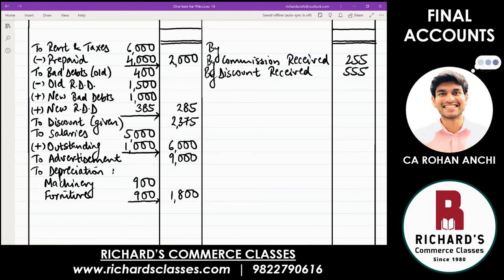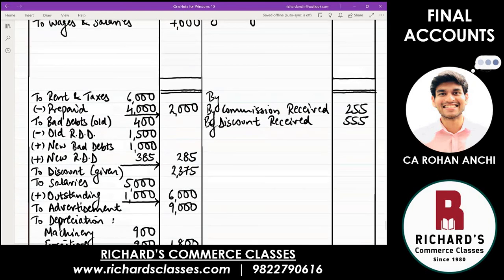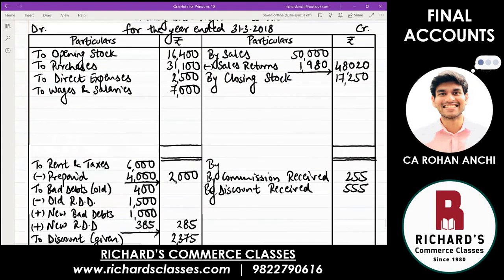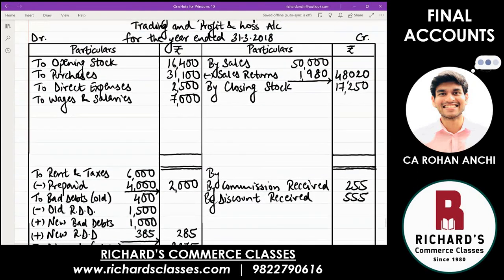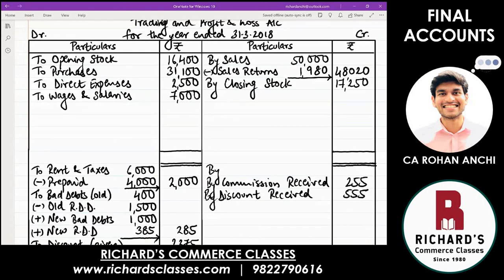Time to close our accounts. And that is always with the first one, and that is trading account. Now what you need to do is take the total of the debit and credit side, see which one is greater. $65,270.